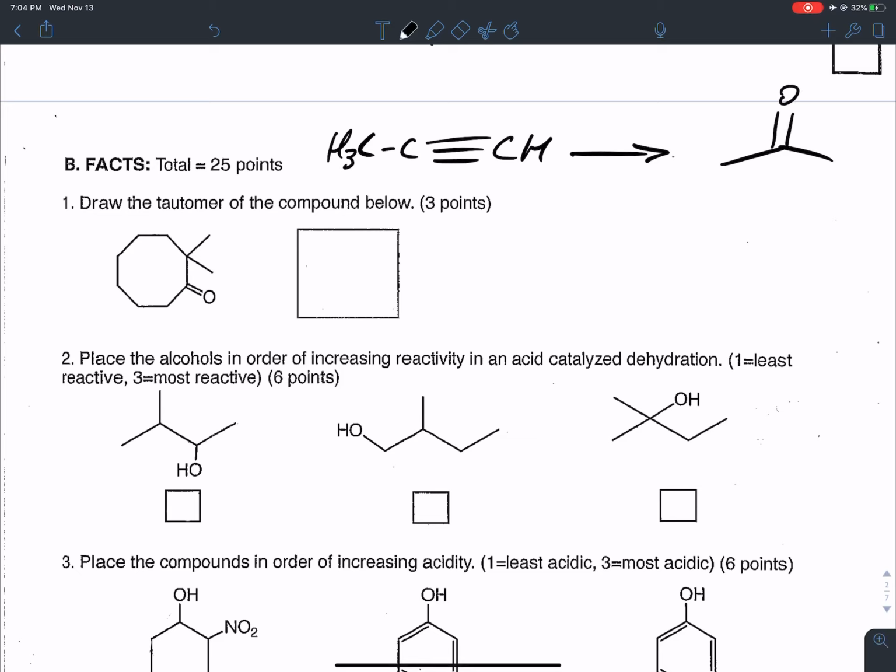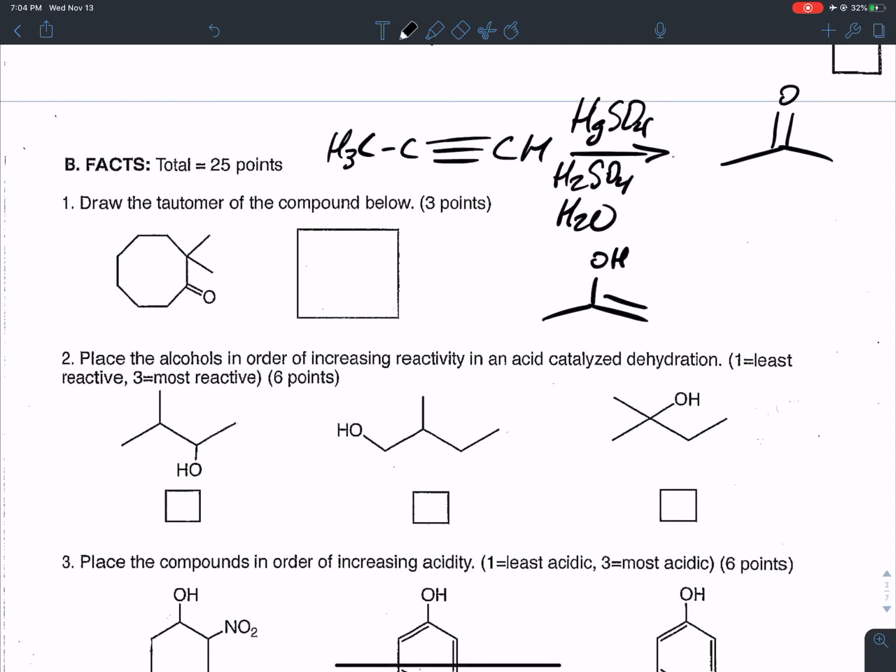What reagent is this, by the way? What reagent turns an alkyne into a ketone? Yep, HgSO4, H2SO4, and H2O. I had to check that one, but through this reaction, though, what you generate is called an enol.